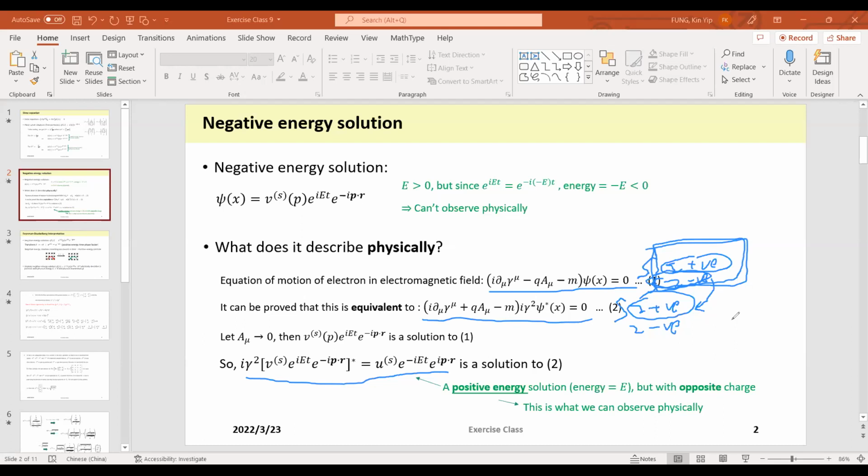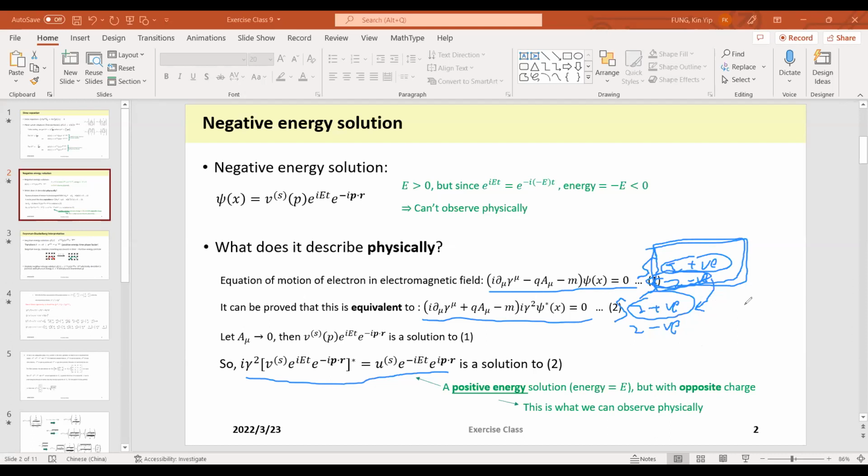Then why don't we just say the particles have negative energy with the same charge as the particle? Because that's not what we see in actual reality. It's meaningless to say a particle has negative energy, and that's why to interpret this we have to use the concept of antiparticles.